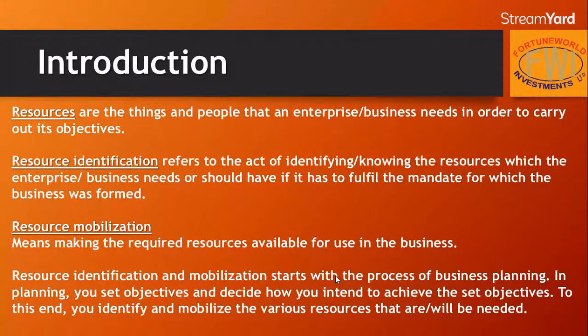And then you will mobilize or bring those resources to the business so that that business can start operation. So in planning, you set objectives and you decide how you intend to achieve the set objectives. To this end, you identify and mobilize the various resources that are needed for that particular business.